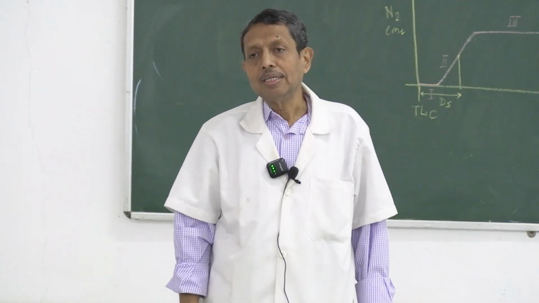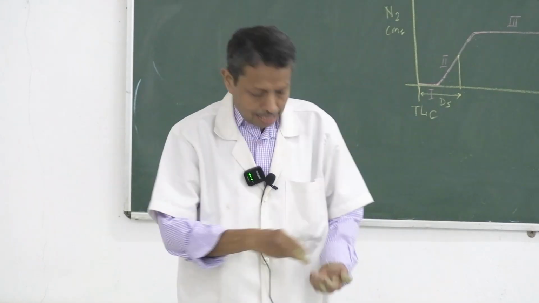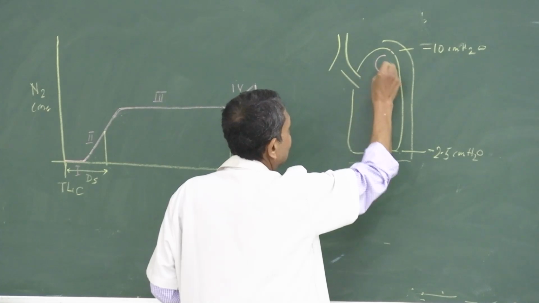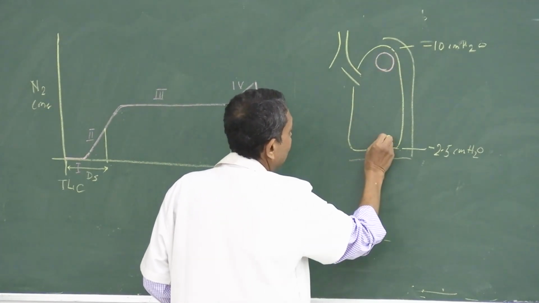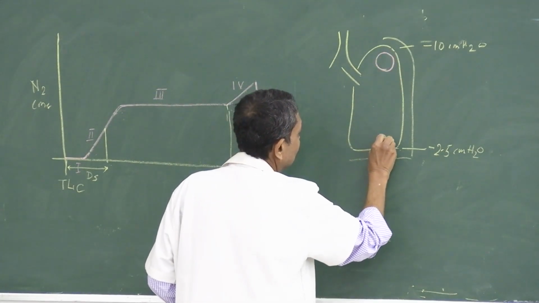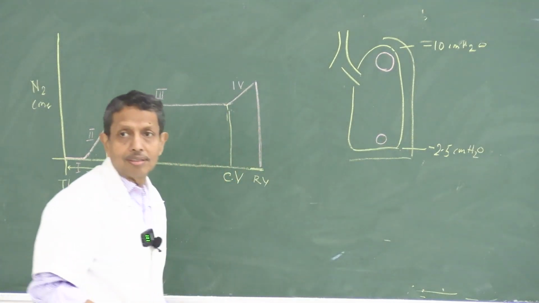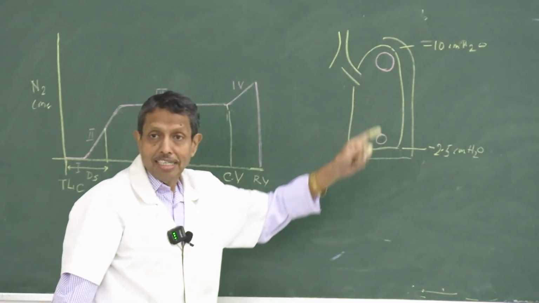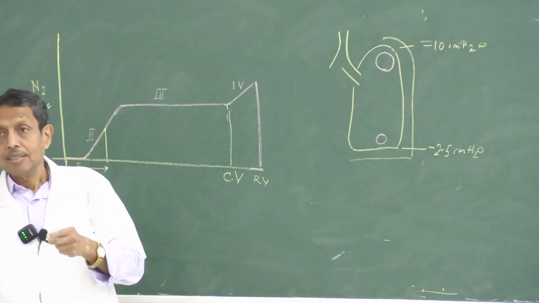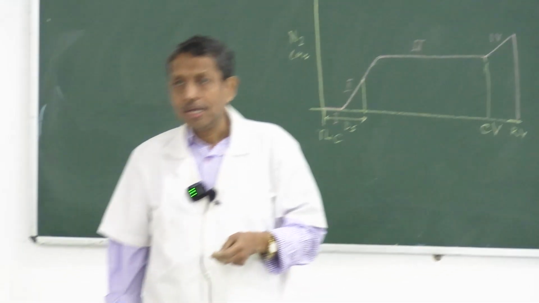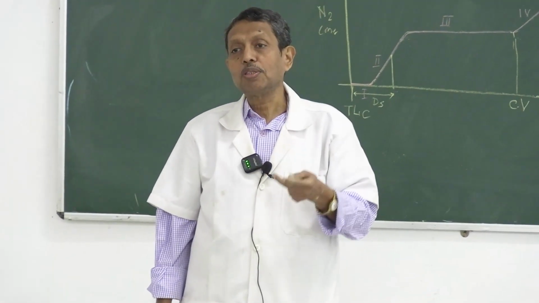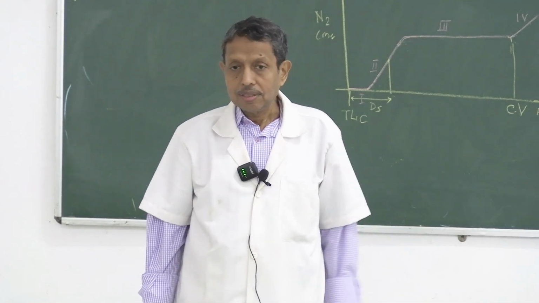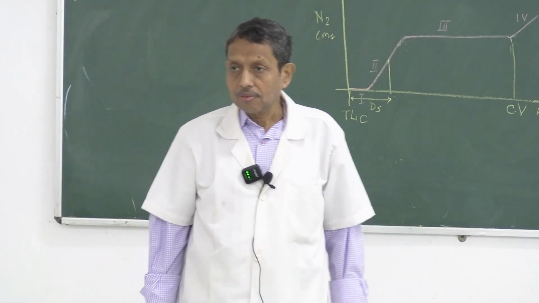Suppose at the level of the functional residual capacity, these alveoli are larger and these are smaller. And when an individual takes full inspiration of pure oxygen after mid inspiration, there is stretching of all of these.